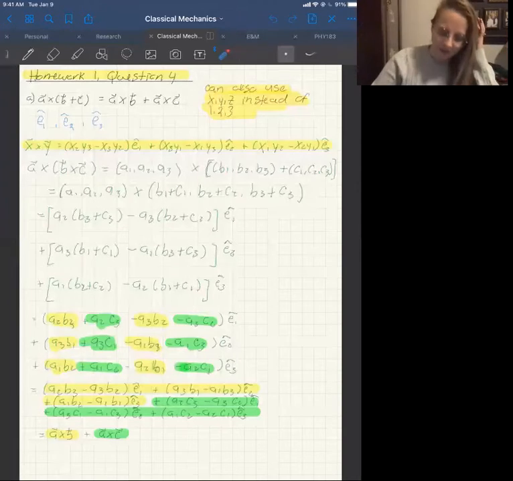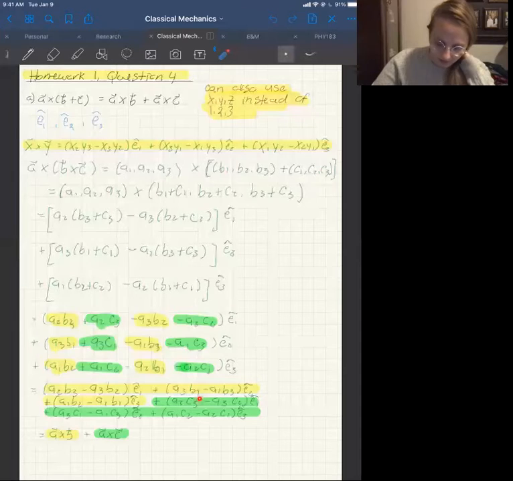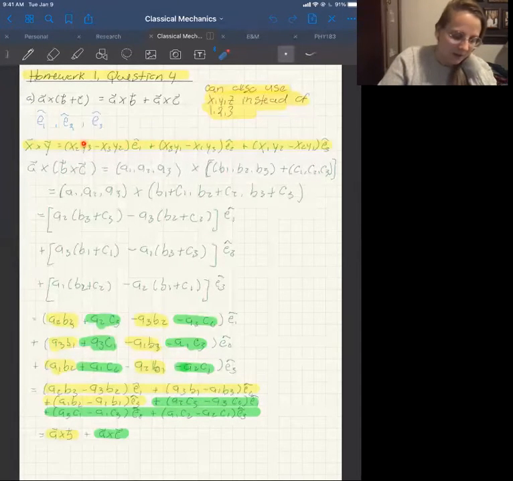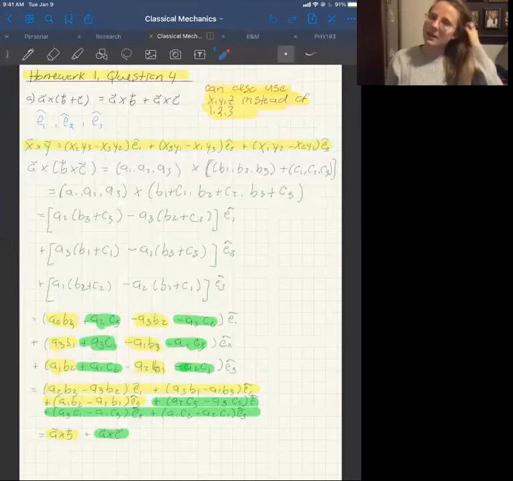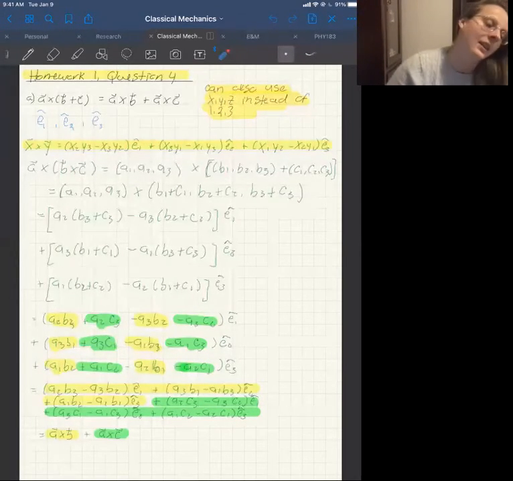All I have written down in this yellow line is the cross product of A and B. Similarly, if you look at this green equation and compare it to the equation for a cross product, that's also just A cross C. So if I simplify those down, I have A cross B plus A cross C, which is what I was trying to prove. So that one's not too bad.